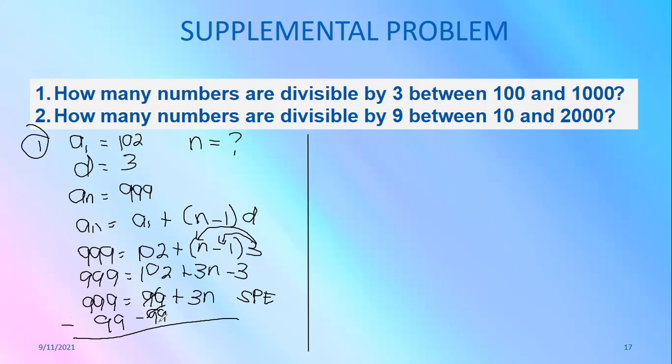Okay, 99 there is canceled out. So what is 99 minus 99? Of course, 900, which is equal to 3n. Okay, so ibig sabihin, to get the value of n, we need to divide both sides of your equation by 3. Or kung gagamit tayo ng multiplication property of equality, multiply by 1/3.